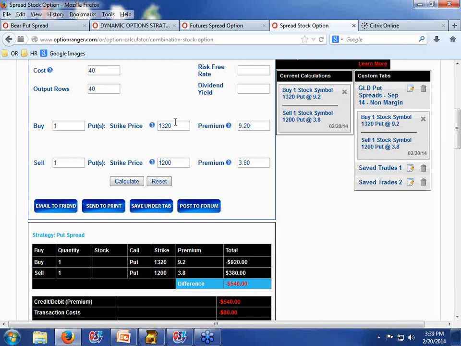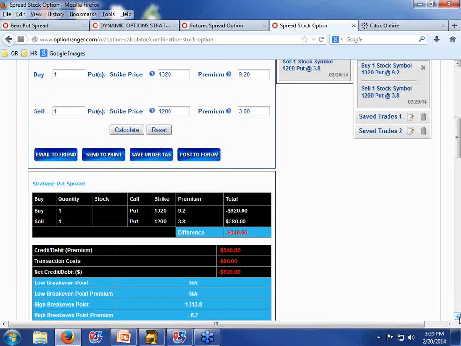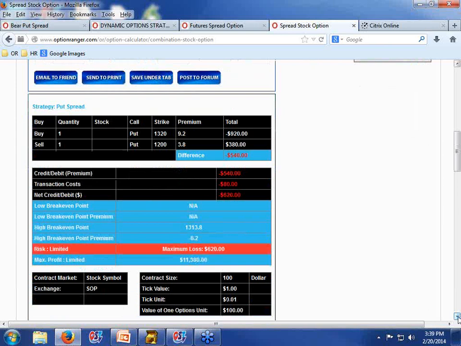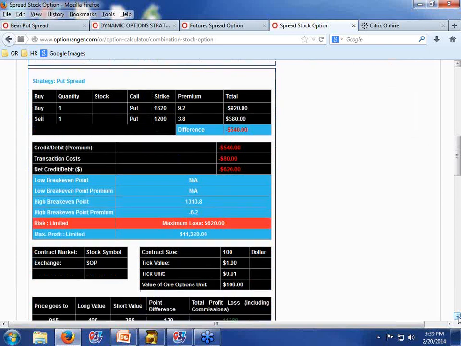So this basically is looking for a move between $13.20 and as close to $12.00 as possible. Again, we're not saying the market is going down or is going there. We are providing an example of how to calculate a bear put spread. And this is for neutral volatility.